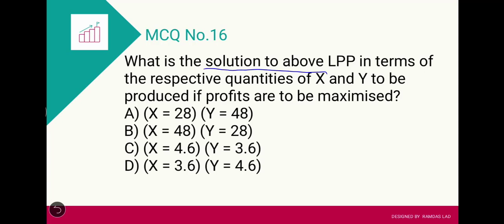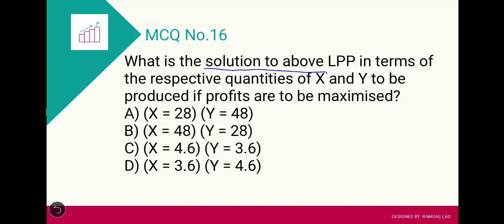Then find out the points to plot these lines on the xy plane. When you plot these lines, you have to identify the common region. After that you have to find out the coordinates of the corner points. Then you put the coordinates in the objective function and find out the value of the objective function.